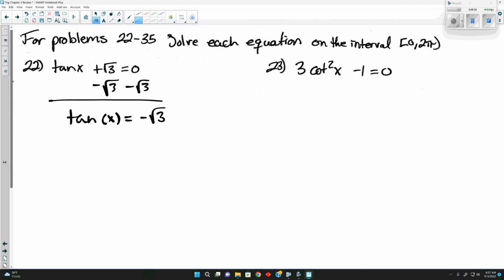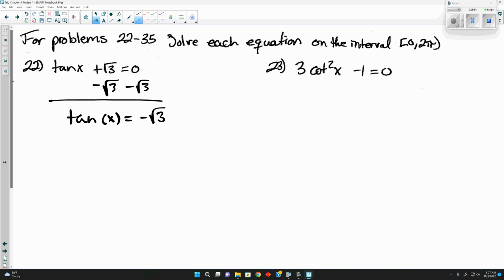Or if we look at our unit circle, our little chart that we were given, tangent of x equals the square root of 3 at 60 degrees, or pi over 3. So if I find the corresponding values, essentially when sine is square root 3 over 2 and cosine's 1/2, and the spots where it's negative, those would also give us the angles.